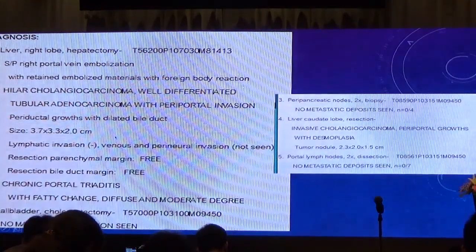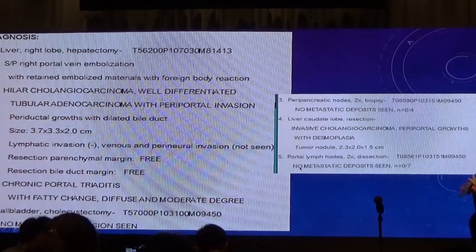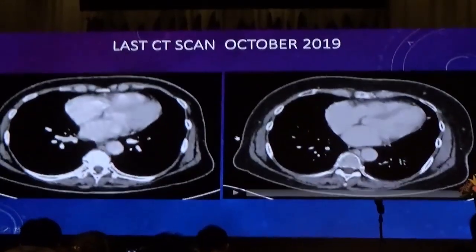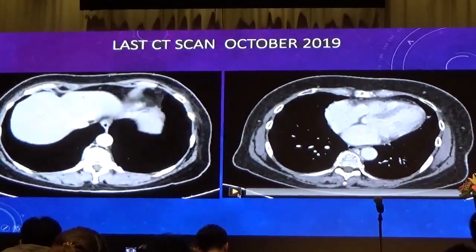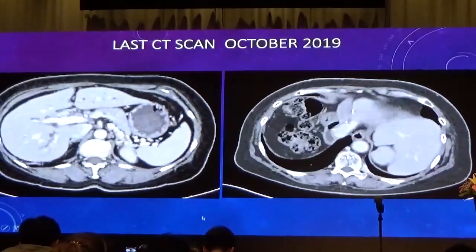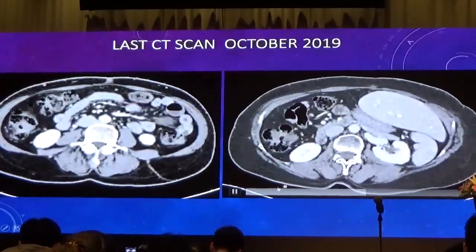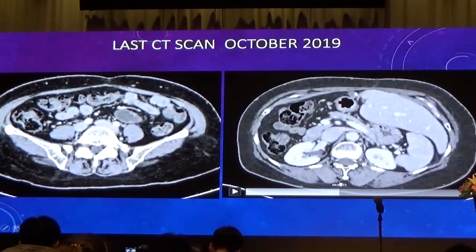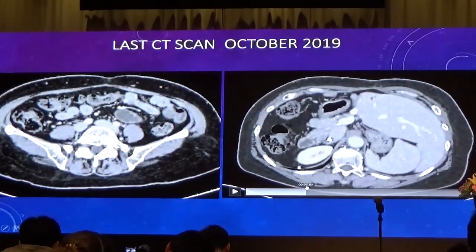Margin is free, and the nodes are negative. For this case, we have followed the patient for more than 3 years. This is the CT scan before and after operation. The portal vein is still patent, and the lateral segment is enlarged.